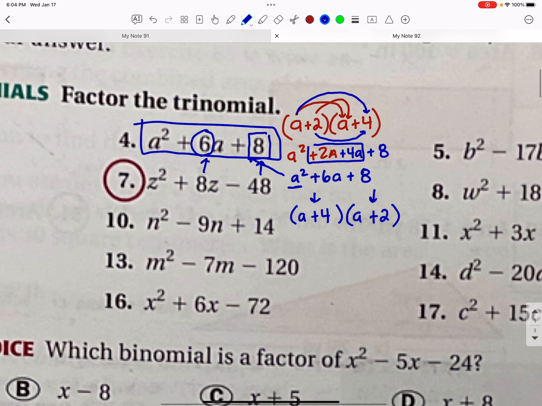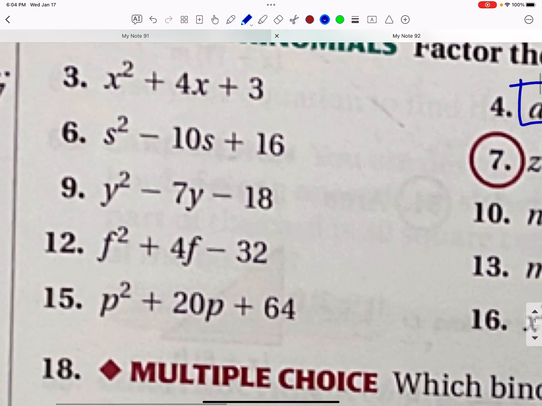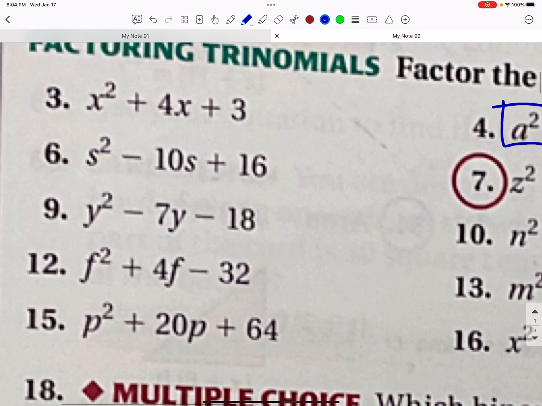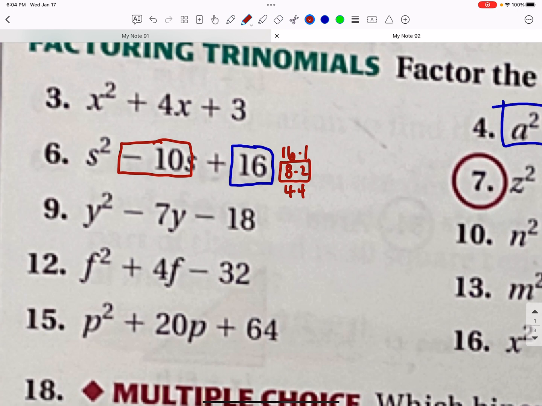So I'm going to do number 6. I've got to think of two numbers that multiply to make 16 but add together to make negative 10. Things that could be 16: 16 times 1, 8 times 2, 4 times 4. 8 and 2 could make negative 10 if they were both negative.